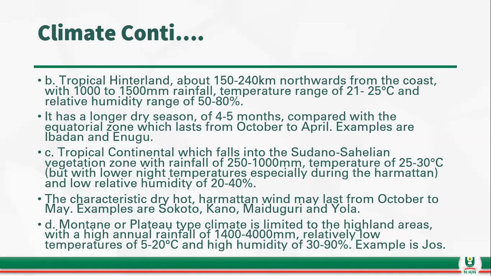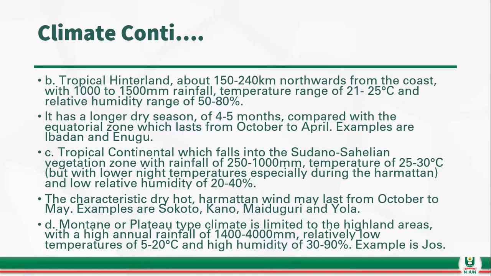But we also have lower night temperature, especially during the harmattan, and the low relative humidity of about 20 to 40%. So the characteristics are dry, hot harmattan wind, which may last from October to May. Examples of this area are found in Sokoto, Kano, Maiduguri, and Yola.